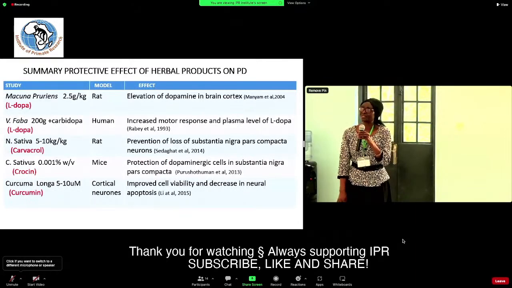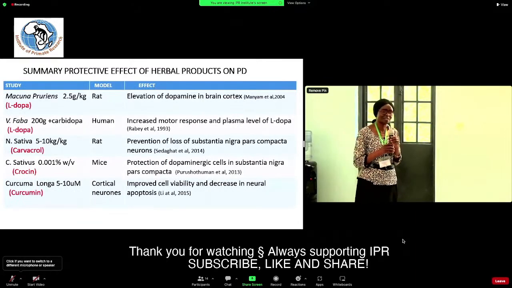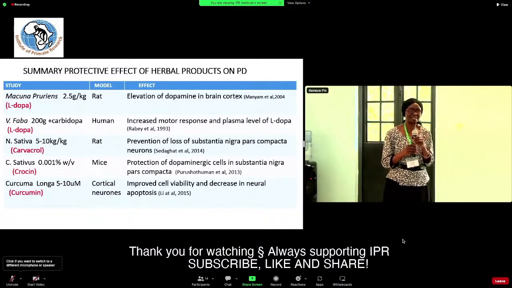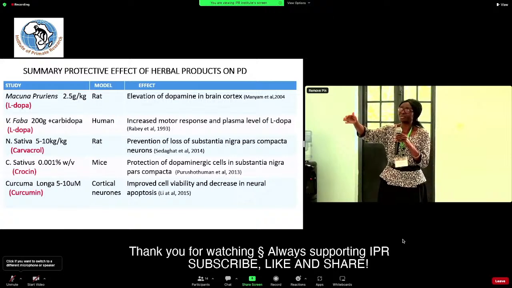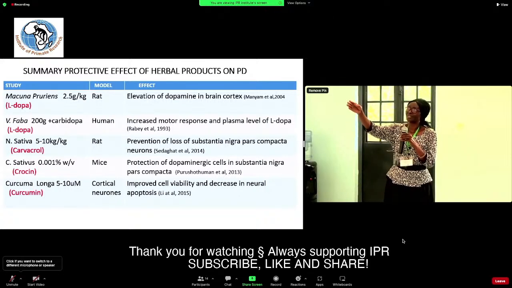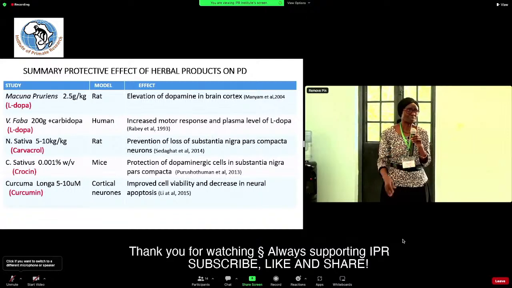Next. So this is just a summary I made to show some of the studies that have been done on the plants themselves, the model, whether it is rat or mice or cell lines, and then the effect that has been observed in the laboratory and what is published.